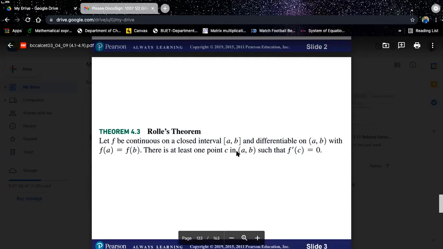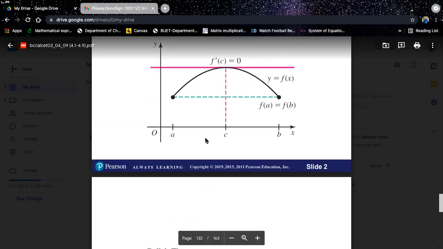There is at least one point within that interval where, if you evaluate your first derivative at that point, it will be zero. That means graphically, you will have a change of direction somewhere, maybe more than one, where if you draw a tangent line, it will be parallel to the x-axis.